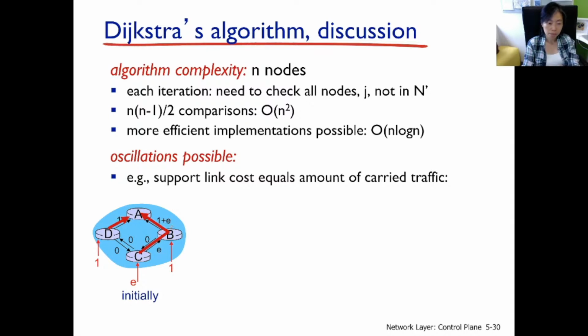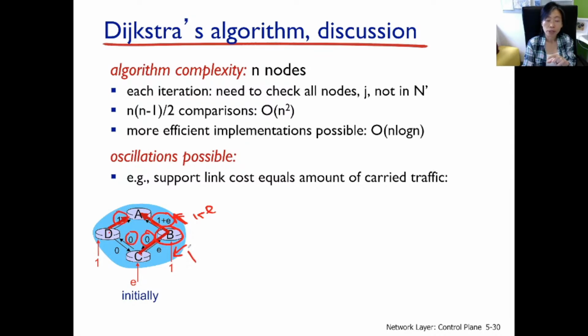So let's see. B here will see two possible paths to go to A, right? One is to go counterclockwise to A, the other clockwise to A. So this direction here, the cost is what? 1 plus E, because there's only one link and the link cost is 1 plus E. If we take this other path, B, C, D, A, the path cost is the sum of the link costs, 0 plus 0 plus 1.